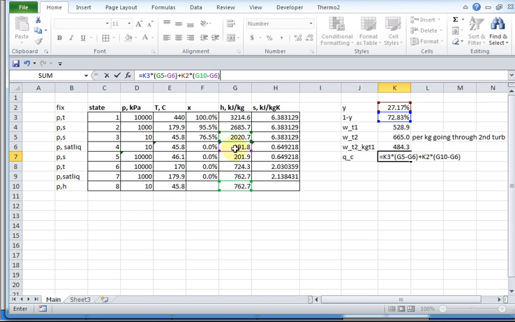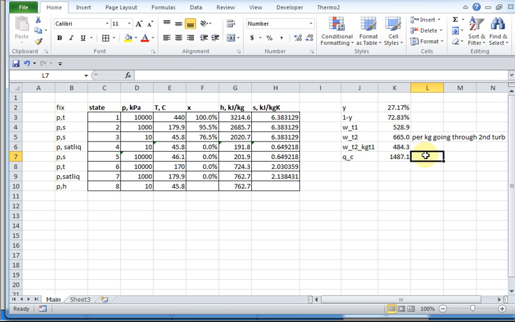Does that make sense? So this is how many kilojoules of heat is removed from the condenser per kilogram that goes into the first turbine stage.